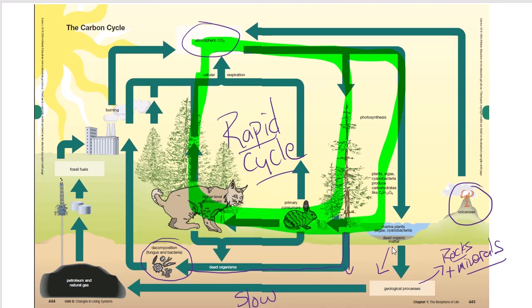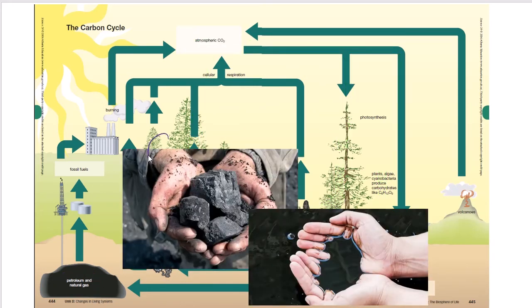But the other thing that can happen to it, which is especially useful to us, is it can get trapped, it can get compressed, and the carbon and oxygen can get rearranged to form petroleum products, to form things like coal, to form oil, and I don't have a picture of it, but to form natural gas.